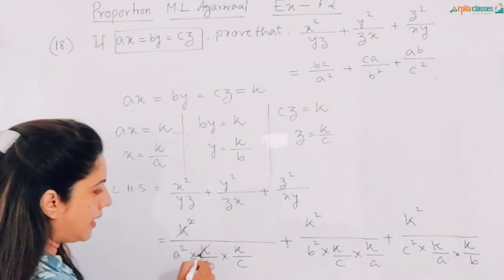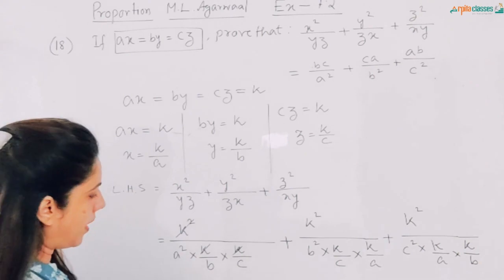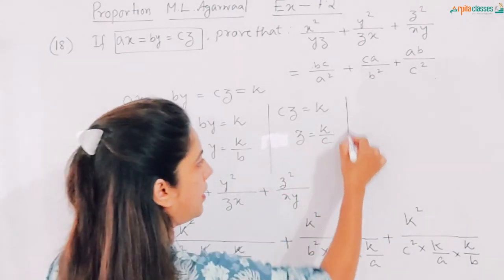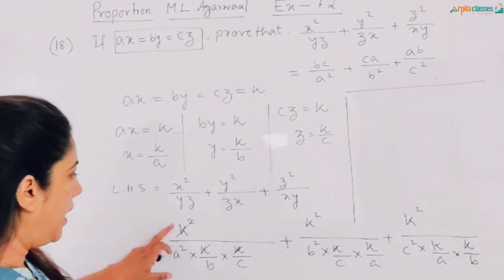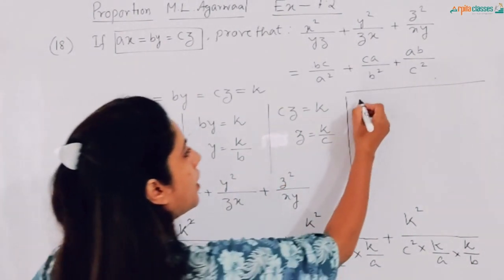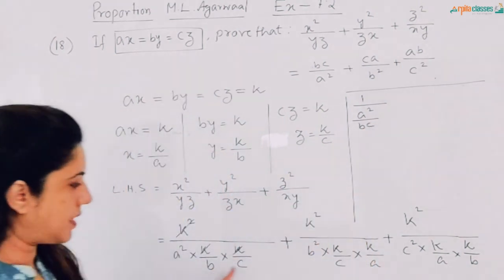Now k square and k will get cancelled. So we are getting 1 upon a square bc. So if I write it here so that you can see properly, it's 1 upon a square upon bc. This bc is down.